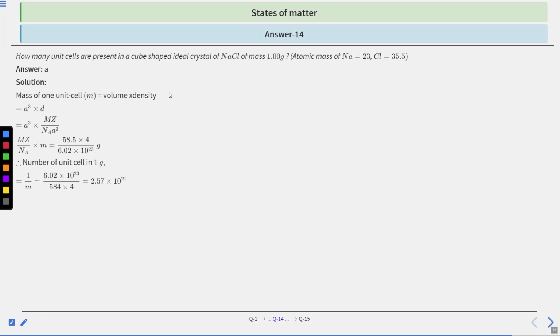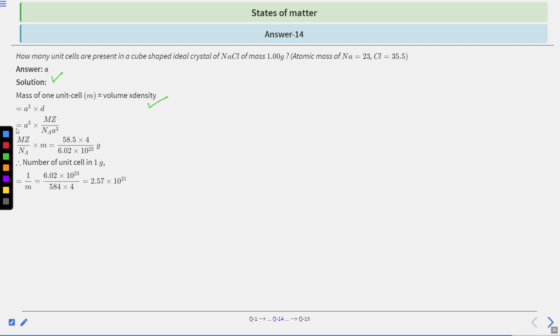Okay, so the correct answer will be option A. The mass of one unit cell will be equal to volume into density. So we just interchange the terms of the density formula. Mass will be volume into density, where volume is a cube, and density is mz divided by Avogadro's number into a cube.